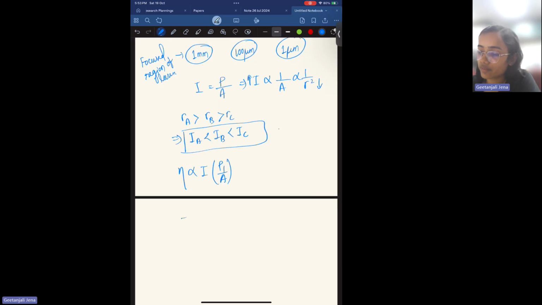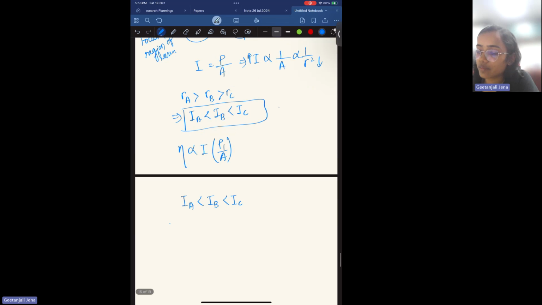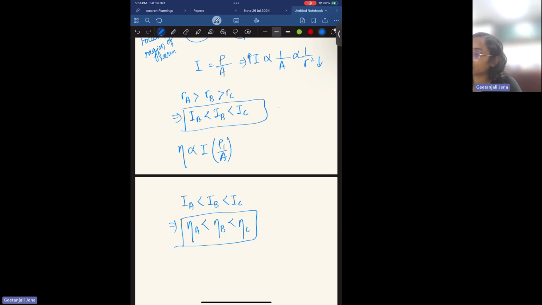We have the relation of intensity, I_A less than I_B less than I_C. So that means eta A should be less than eta B, less than eta C. So this is the relation between the conversion efficiency.